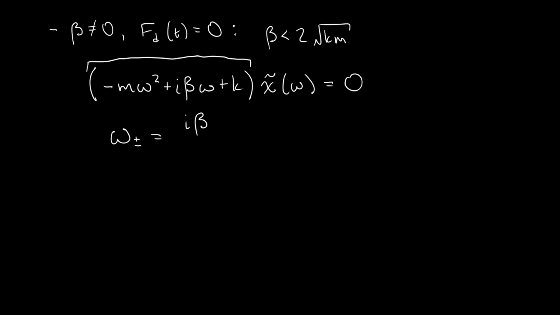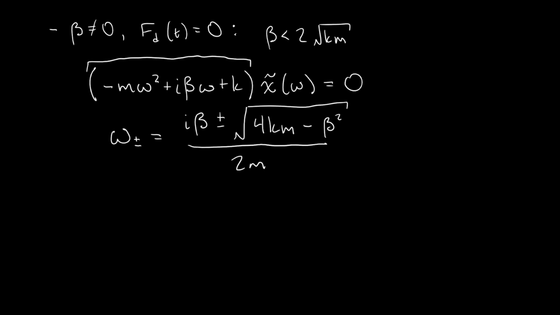And this looks something like beta for km minus beta squared all over 2m. And now you see why we want to make this restriction, so that this square root term is always real. So the argument of the square root we want to be positive for the time being. We'll look at the case later where it's not. But for the time being, we'll look at this.